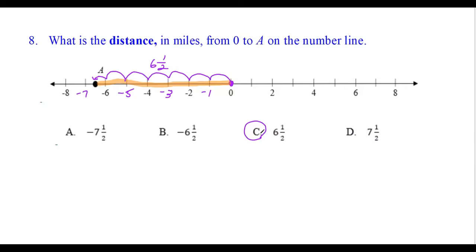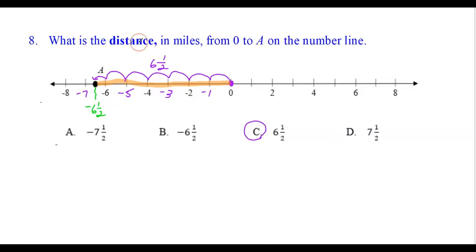Now, this is a teaching moment here. A lot of students ask me why it's not negative 6.5. The answer: because the coordinate of this point, notice I said coordinate, is negative 6.5. But distance is always positive, as I stated in the prior problems.